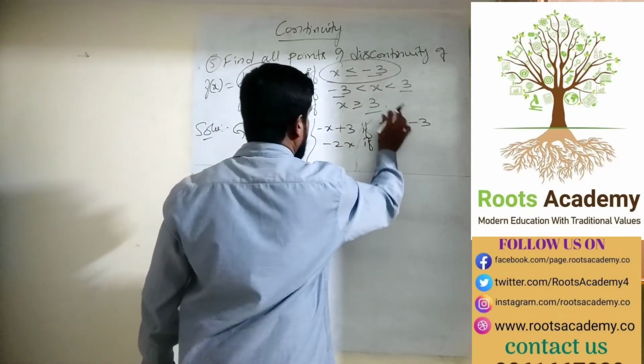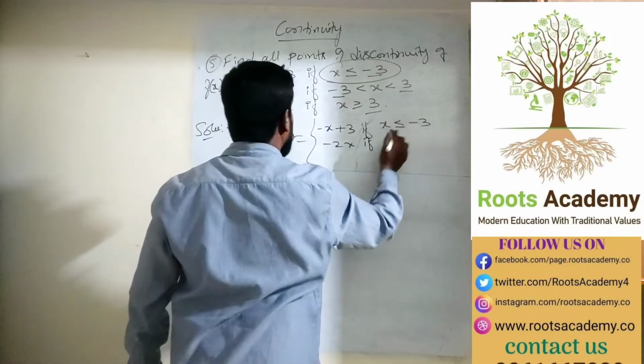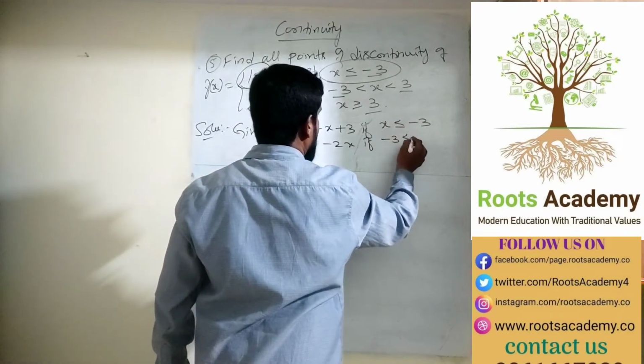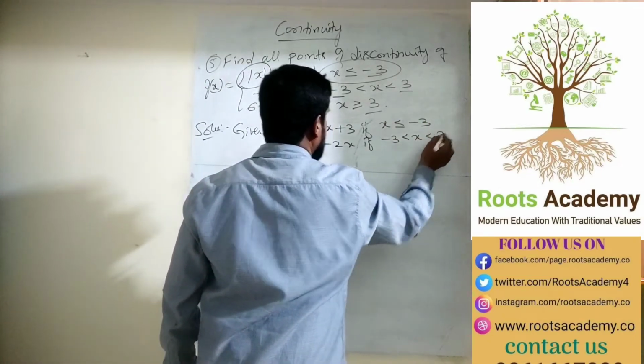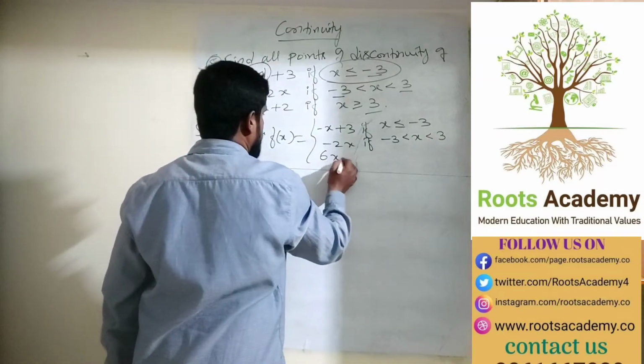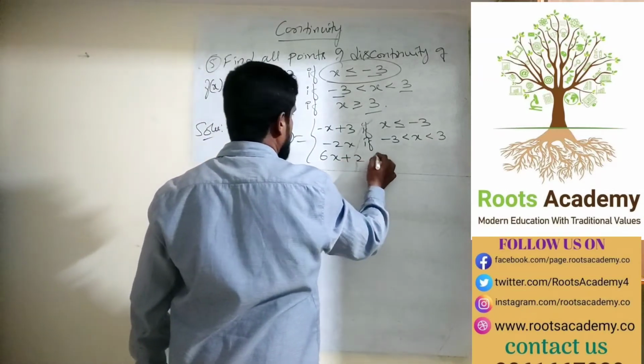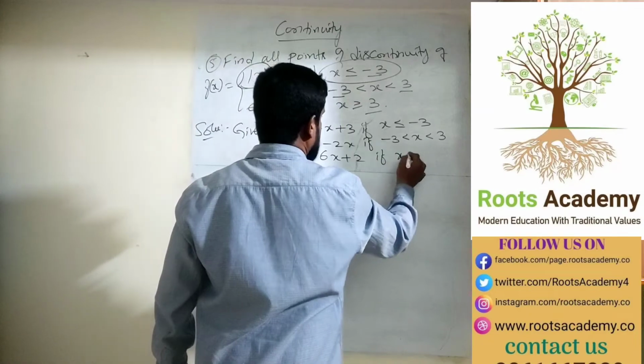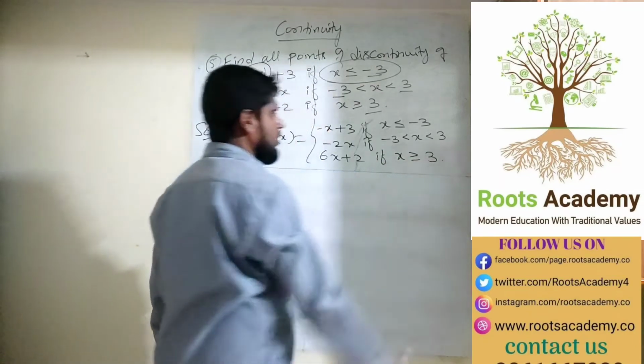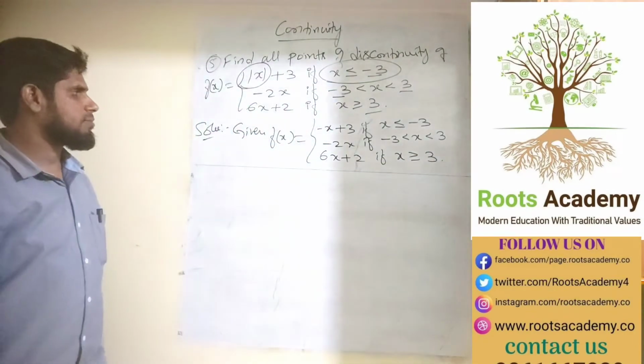If -3 less than x less than 3, and 6x plus 2 if x greater than or equal to 3.